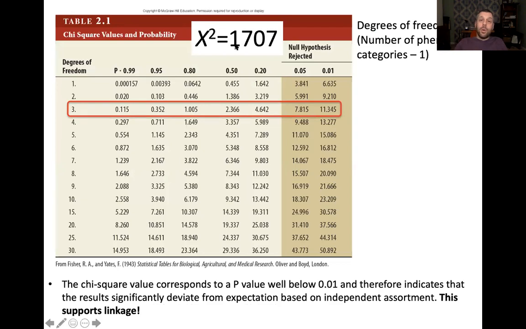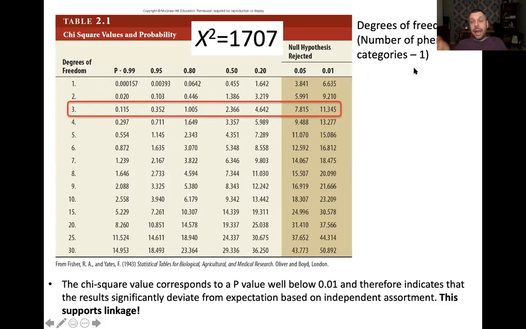And where does the number 1,700 fit in here? Well, you can see the numbers are going up, right? But the null hypothesis becomes rejected when the chi-squared value gets above 7.8. So we are way above that, which means our p-value, if you look at the p-values at the top here, is going to be very, very small because it's miles over this side.